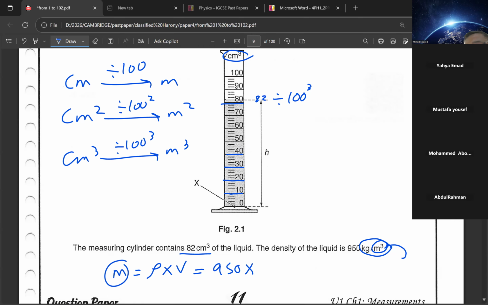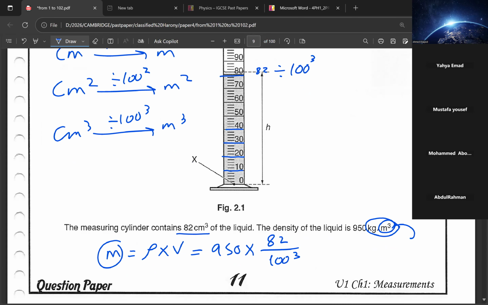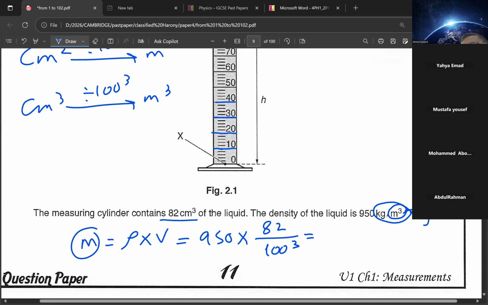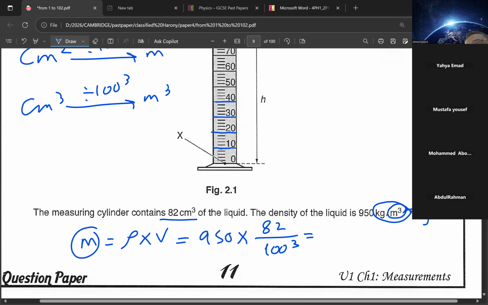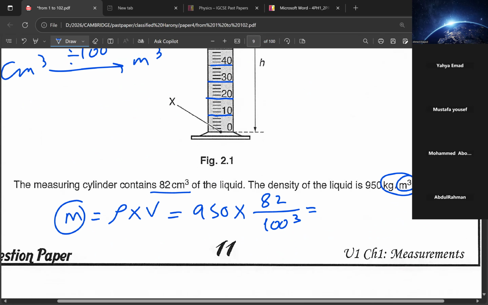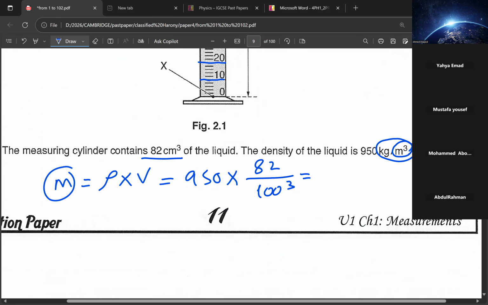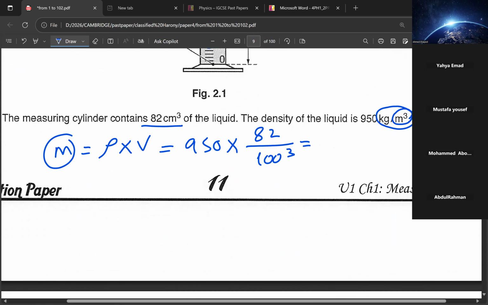Okay. So now it will be 82 divided by 100 cube. Now what is the result? 0.0779.